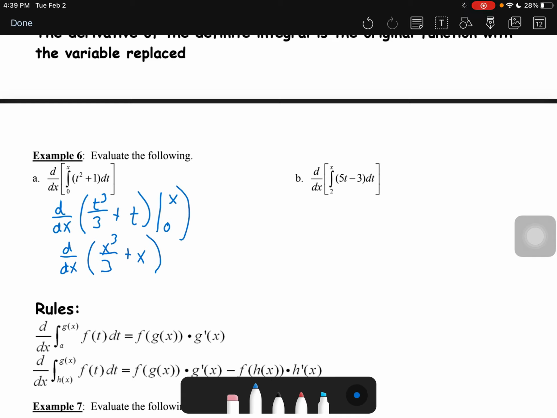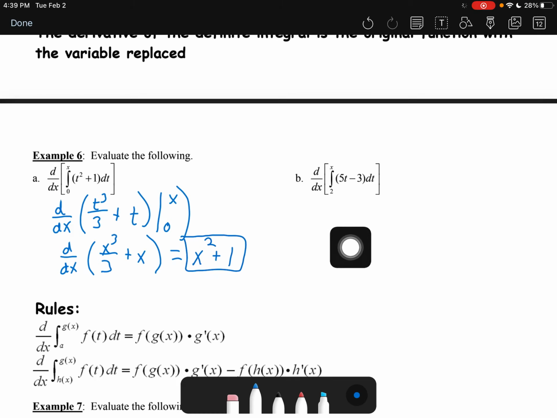Now if I do the derivative of x cubed over 3, that changes back to x squared, and the derivative of x is 1, so I end up with x squared plus 1. And that's exactly what the rule says. It's the original function, but you replace the variable with whatever you have up there.